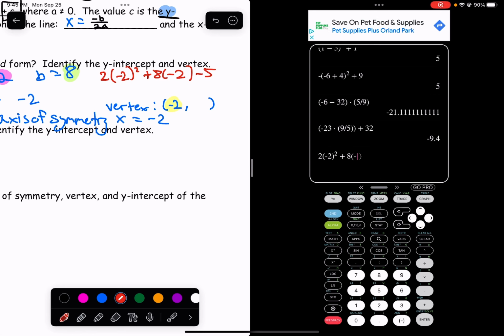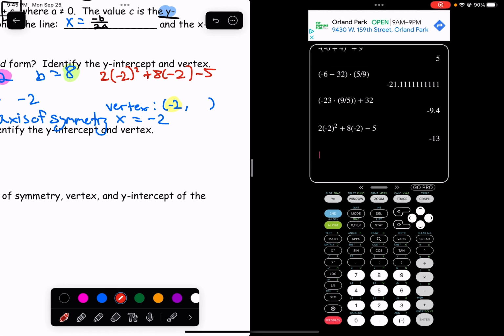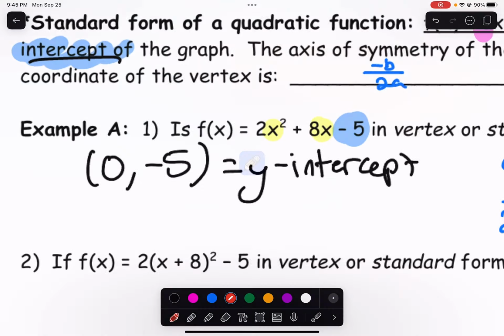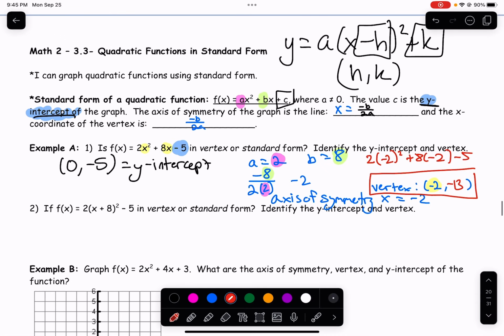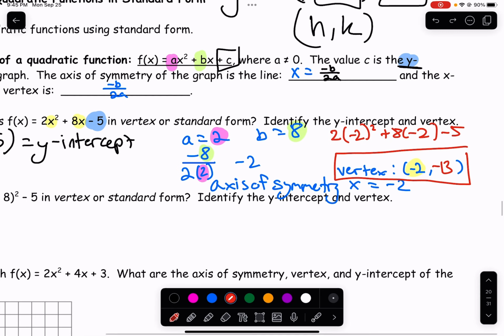When I do this, I get -13. So these are the coordinates of my vertex. To reiterate, to find the y-intercept from standard form, we know that it's just the c value. And to find the vertex, it's a little bit more involved. We have to do the -b over 2a.